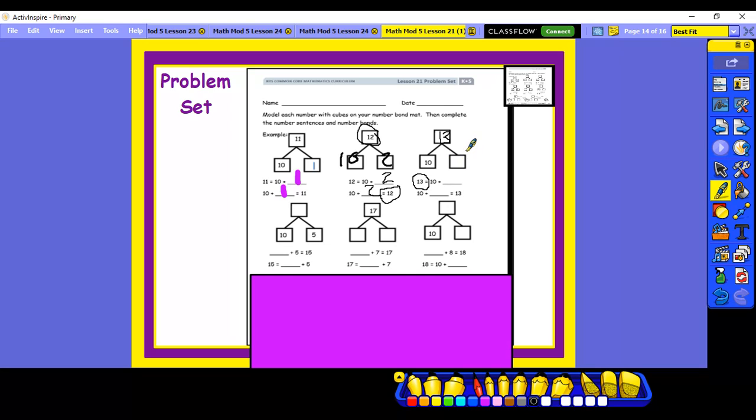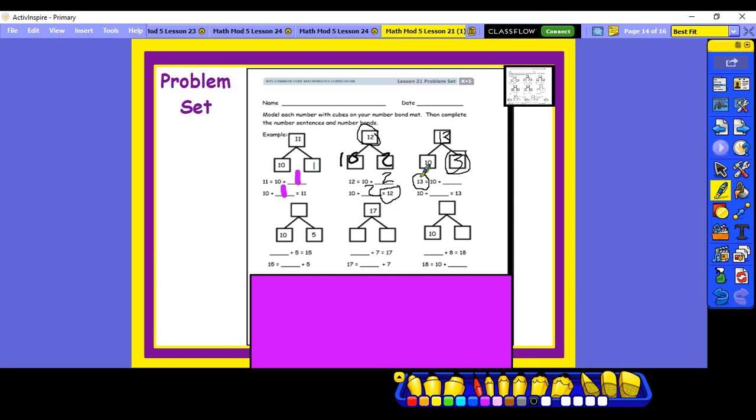Now we're still missing a part. Can you think, if I have 10, what do I need to get to 13? Think about your hide 0 cards. Yes, I need 3. 10, 3 makes 13.